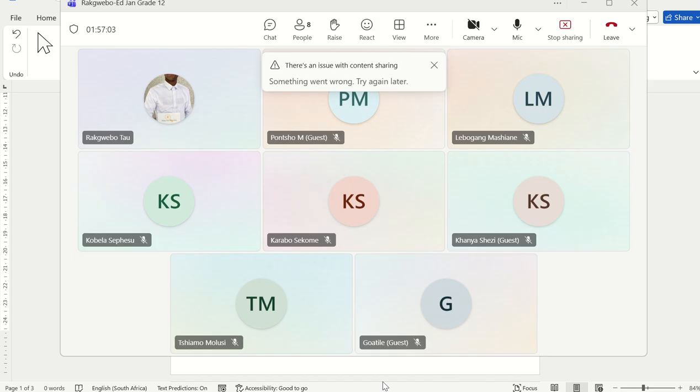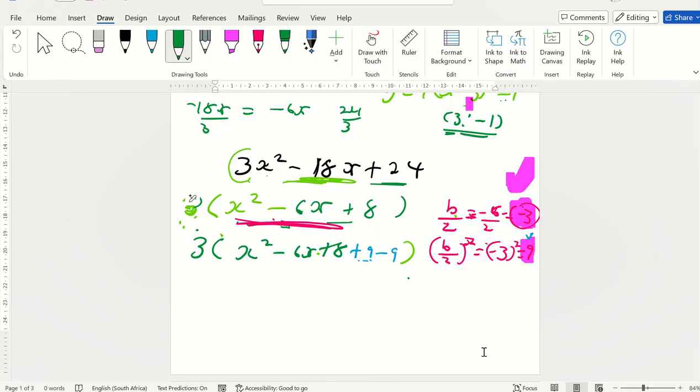Yes? And then from there, what you do is, as I said earlier, you're gonna take this number, the one that you got from here, this one only, you're gonna put it next to the x, like so. 3x squared minus 6x plus 9. It divides with the sign, and then everything else, 8 minus 9 there.